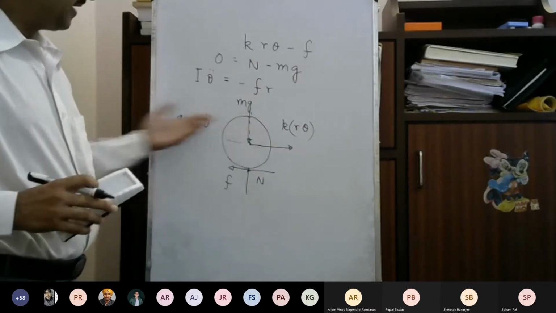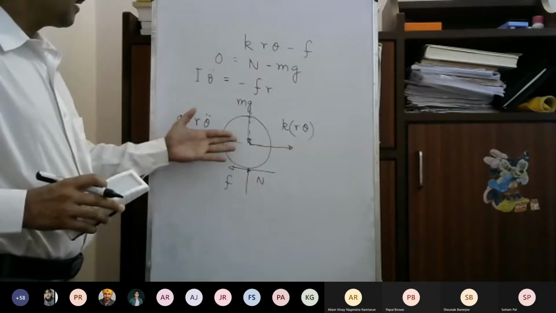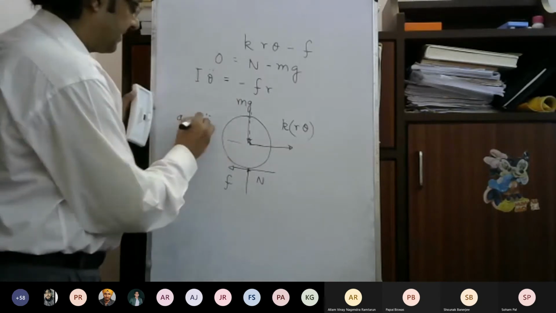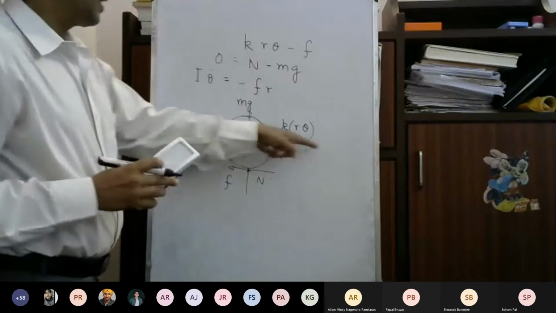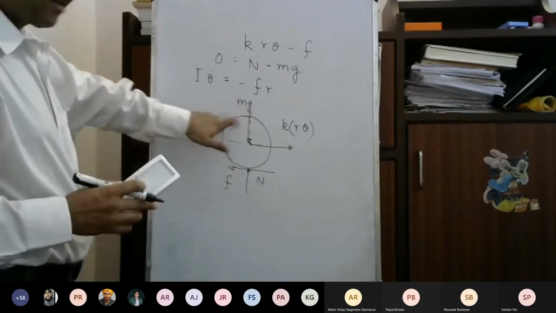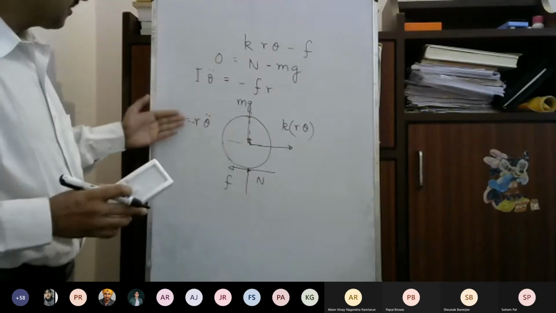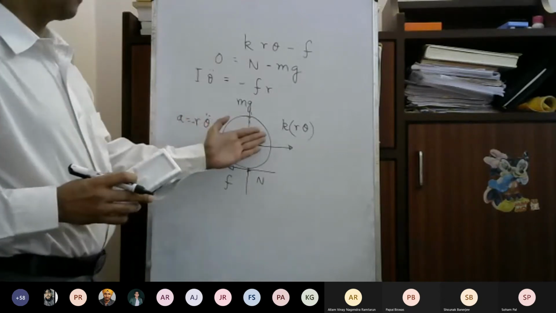Since I have considered acceleration positive in this direction, when it is rolling in the anticlockwise direction, the acceleration will be in the leftward direction, so it will be minus r theta double dot.